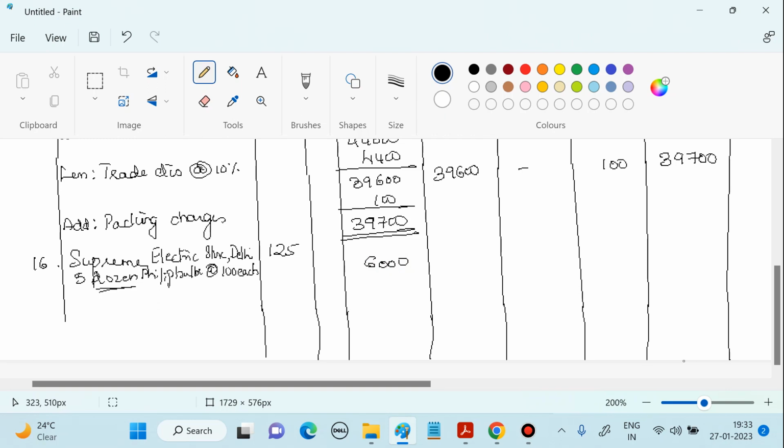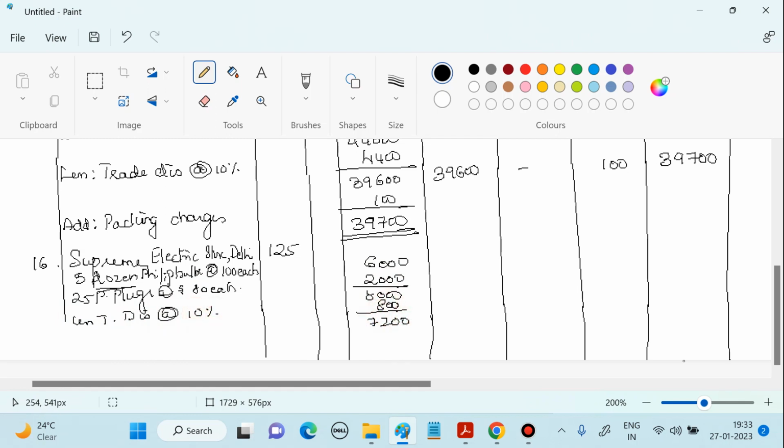Then there is 25 power plugs at the rate of rupees 80 each. 80 into 25 is 2,000. Then this trade discount of 10%. So let's add this up. Less trade discount at the rate of 10% is 800, 7,200.